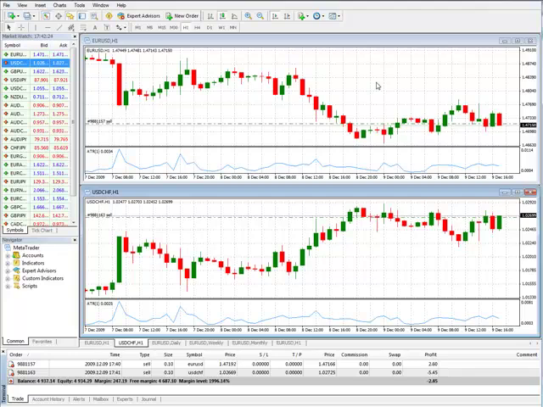It wouldn't be a pair, it'd be a quad. But that is what we actually have trading here. Basically this price movement here is the price movement of our synthetic security.